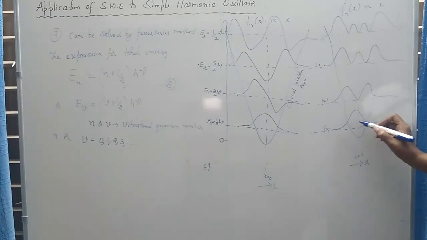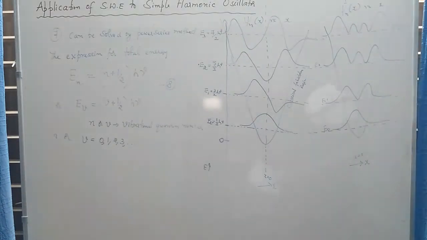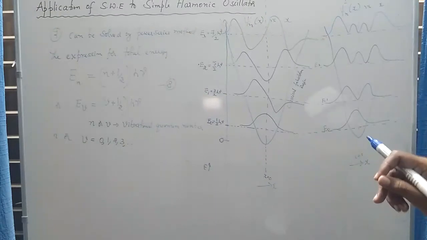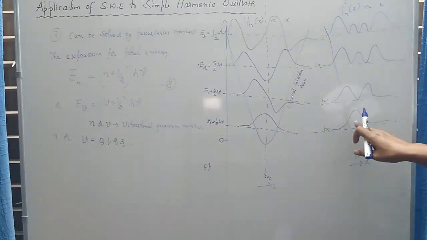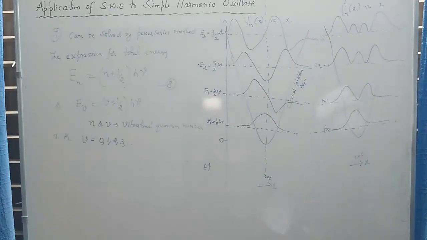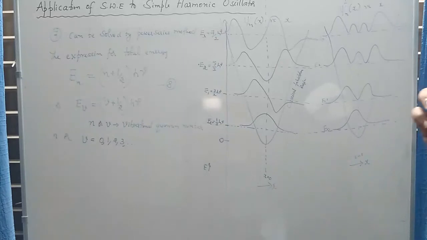Since we are plotting psi square versus x, psi square we know represents probability. So this graph is actually a plot of probability as a function of position, and at the ground state the probability is maximum at the equilibrium position. So according to quantum mechanics, for a simple harmonic oscillator in the ground state, the maximum probability of finding the particle is at the equilibrium position.